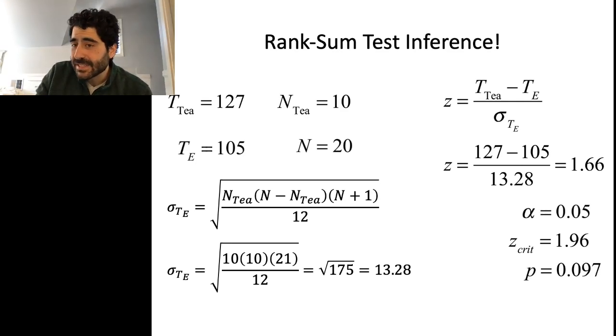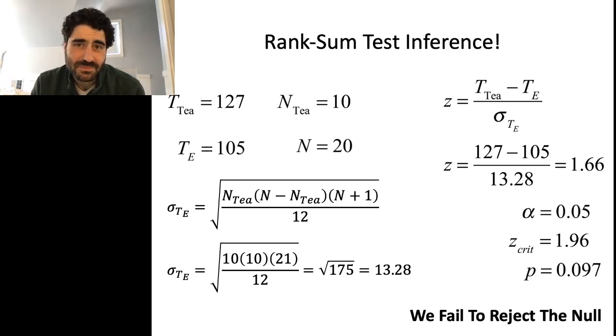So our p-value is somewhere sort of interesting, but doesn't actually cross our significance line. So what this is saying is that the fact that the T group has a sum of ranks that's 127 is not that surprising. It could still be that there's actually no effect here, that the tea drinkers and the coffee drinkers have the same median times. With this data, it's kind of inconclusive.